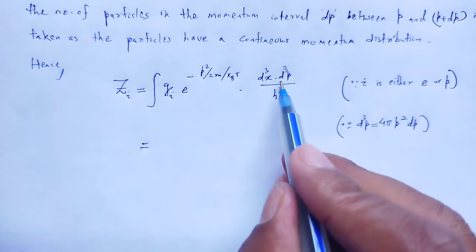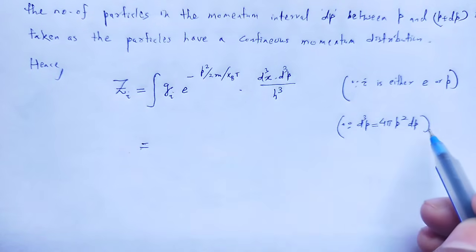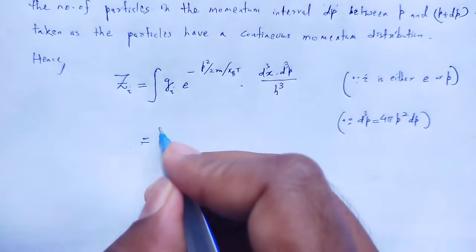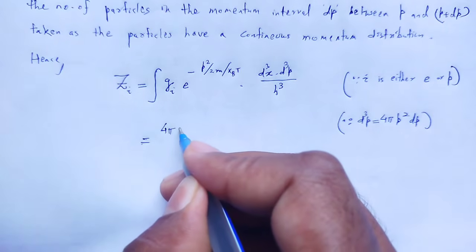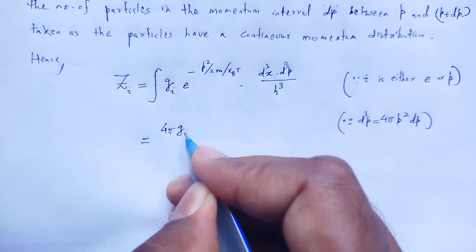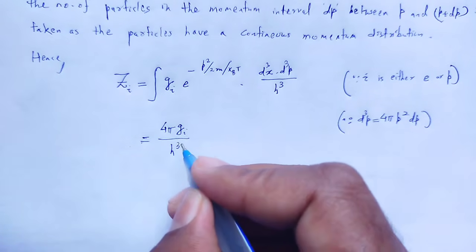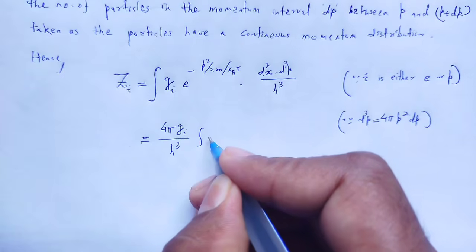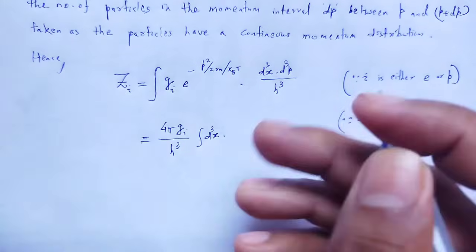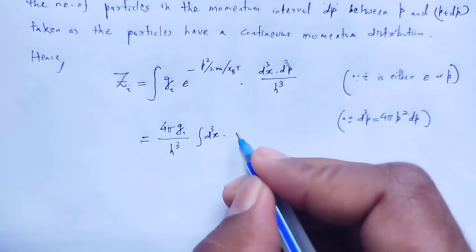When we use dqp as 4 pi p square dp, the expression is written as 4 pi gi divided by h cube, these are the constant terms, then integration over dqx, at the position integration.